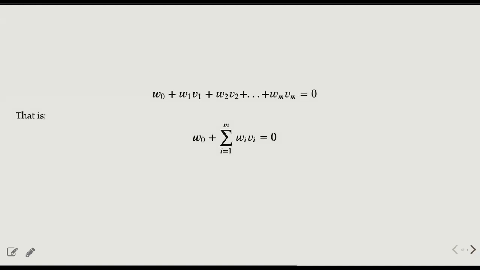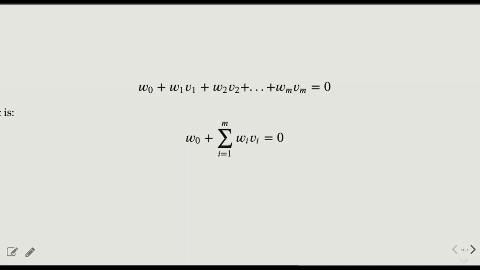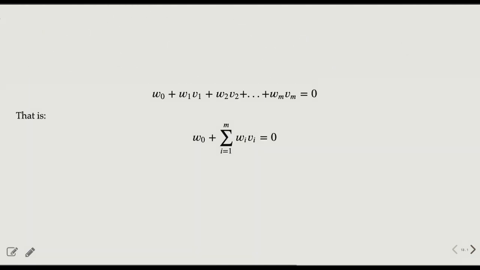And so just to make this linear function really generalizable, we can make it as W0 plus the sum of Wi times Vi, where the Wi and W0 are the parameters to be estimated, and Vi is the data values on individual variable dimensions.